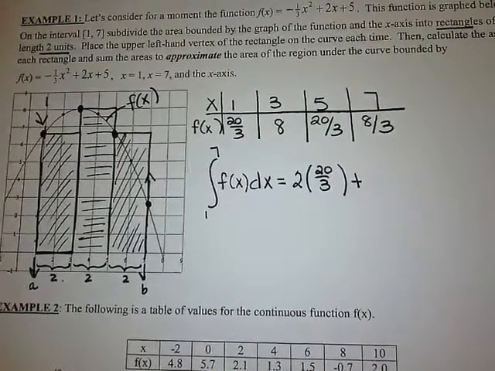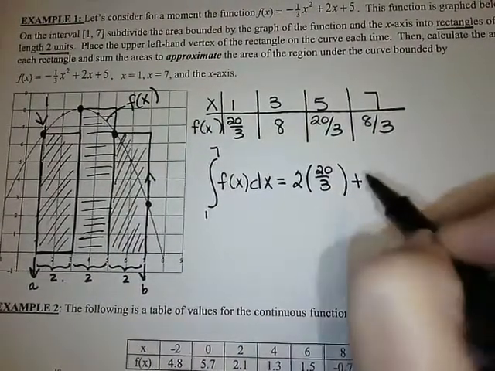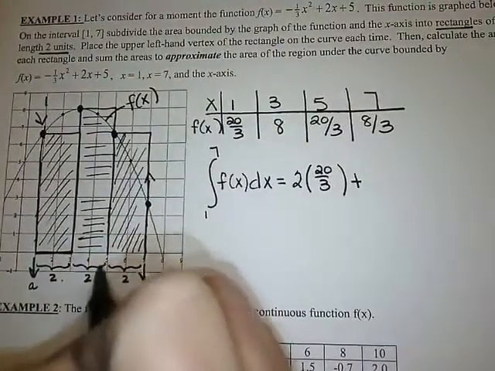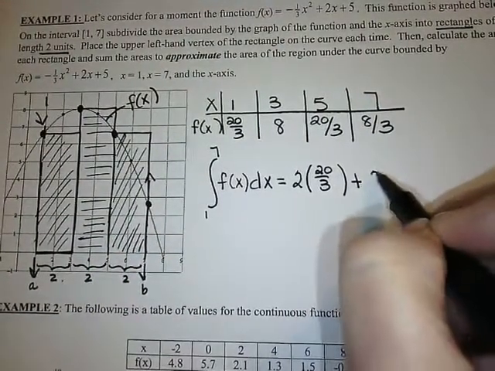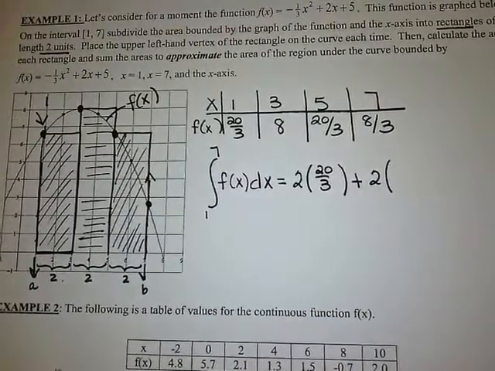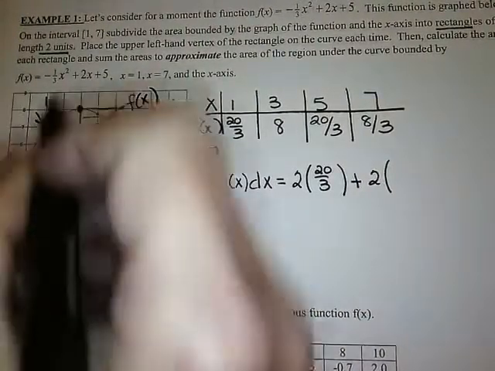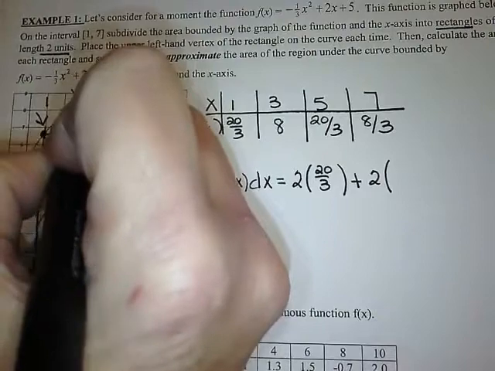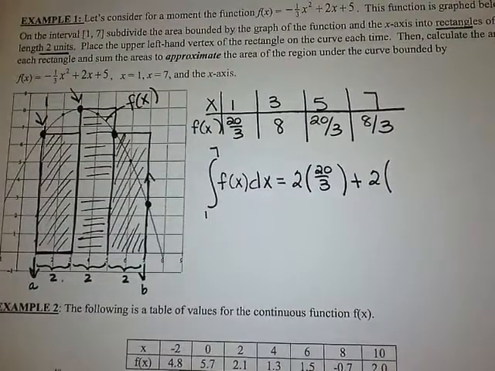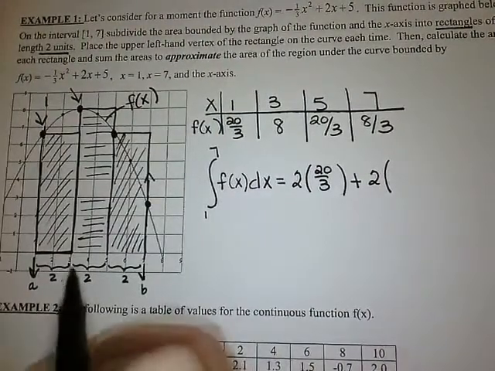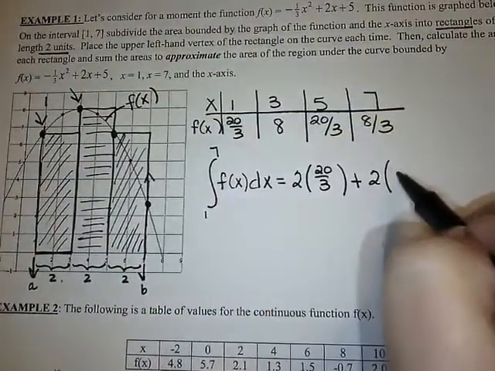So that is rectangle number 1. Then I'm going to do the base of rectangle number 2, which is 2, times what f of x is on the left-hand side of my rectangle, which is going to be at 3. So 3 is 8.